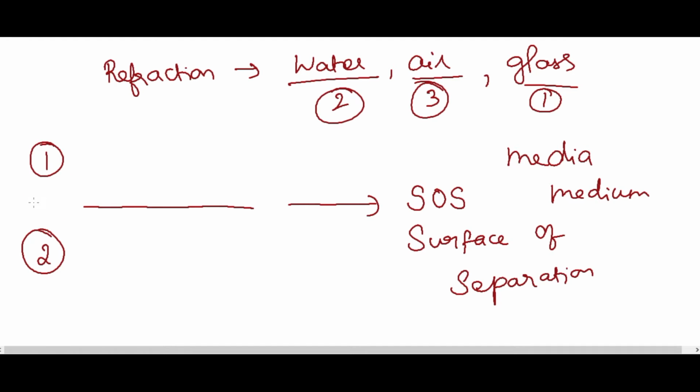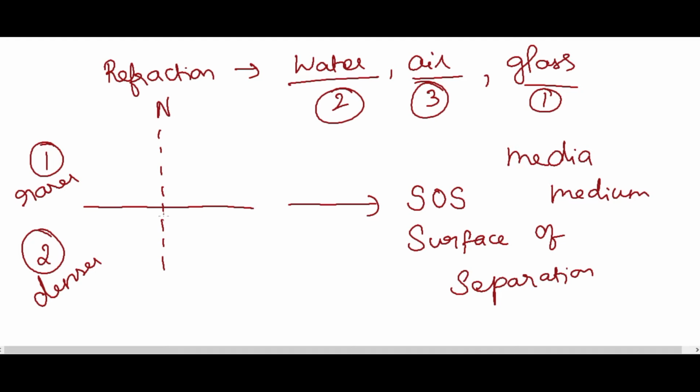Here, in general, you start with the rarer medium, so it is easy to remember the concept, and this is the denser medium. Always draw the normal with respect to the surface of separation line. The normal should be only in the form of dotted lines, and naming is very important. I gave the name capital letter N for this line, and it is the perpendicular to the surface of separation line.